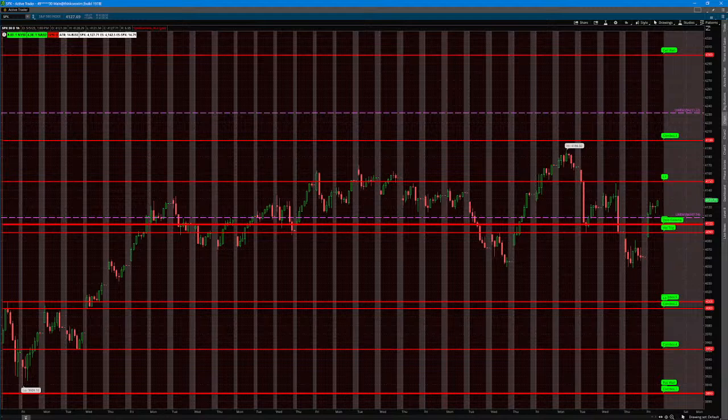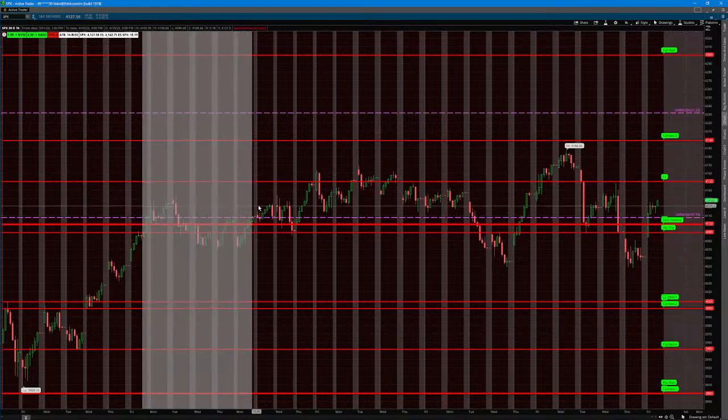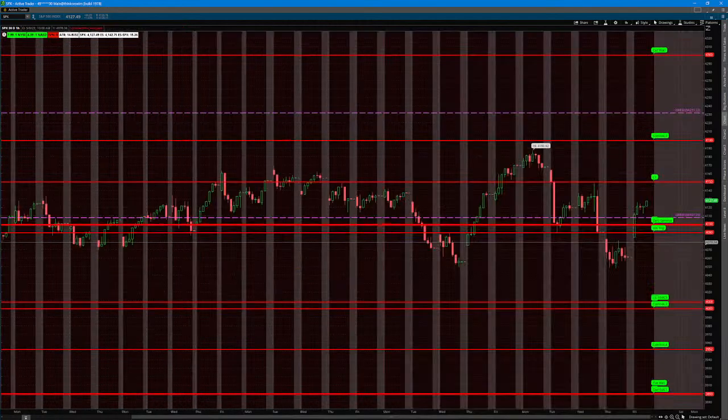So this is SPX, just showing price and key gamma levels. And let me just zoom in on this just a little bit. So this is just showing the month of April.